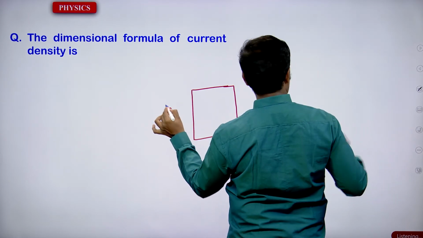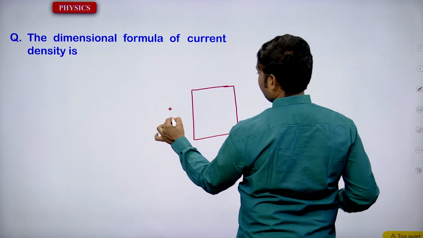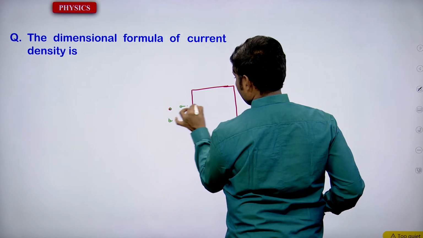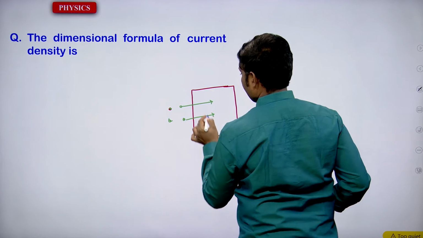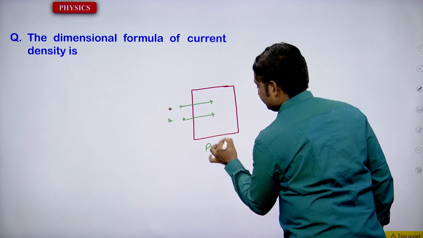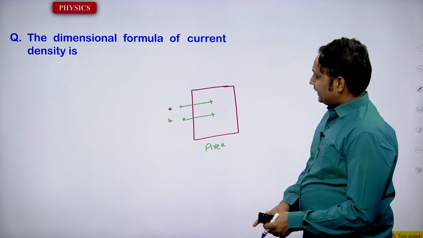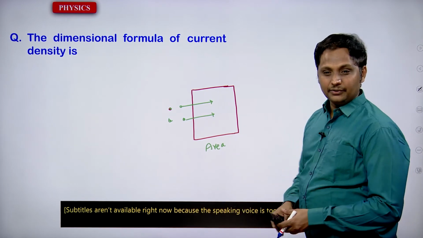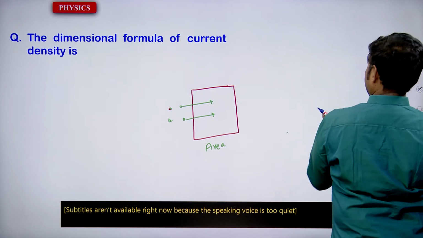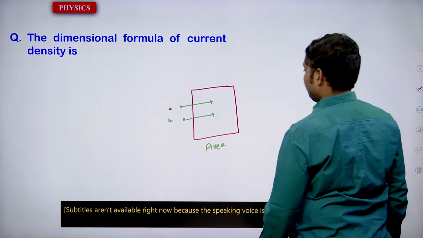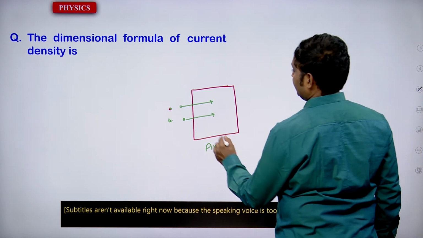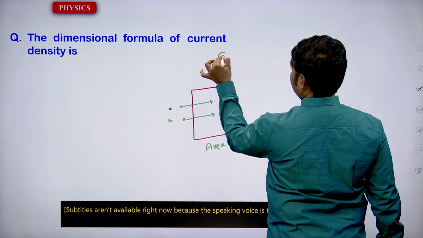The number of electrons crossing that area, if you are going to identify this one, you have to take that current density.